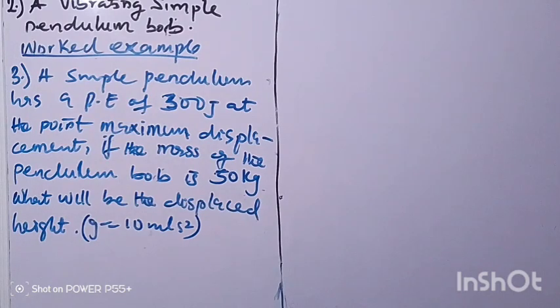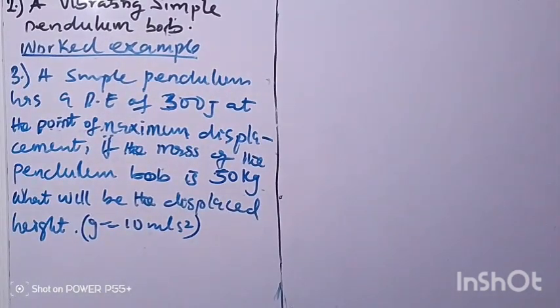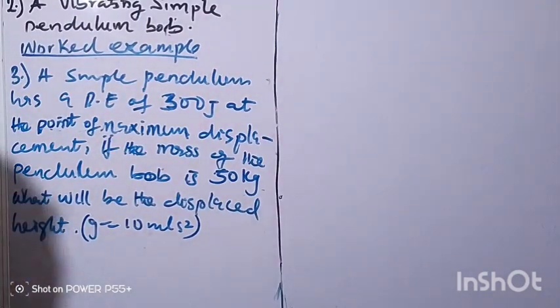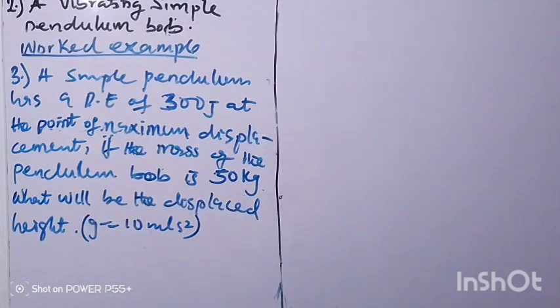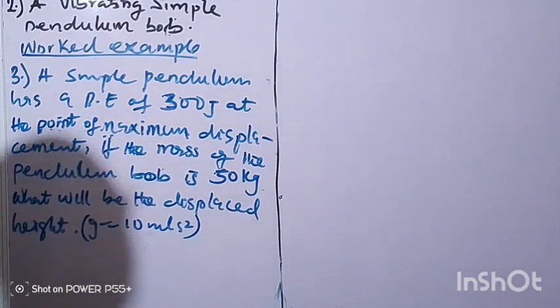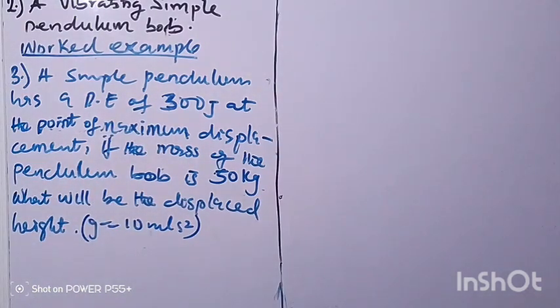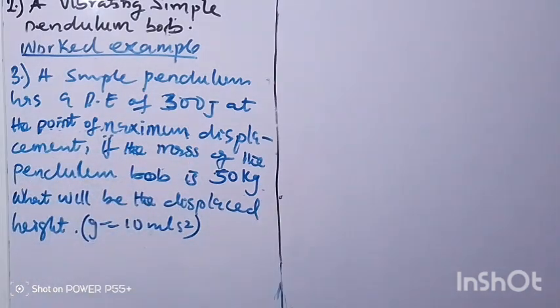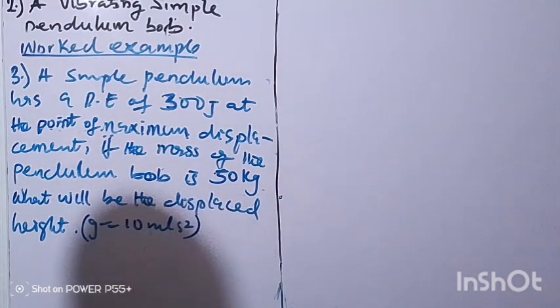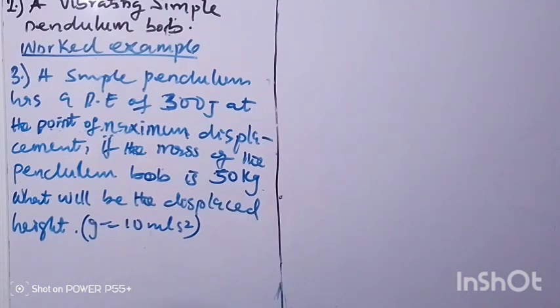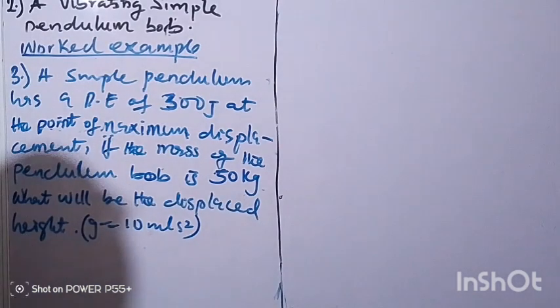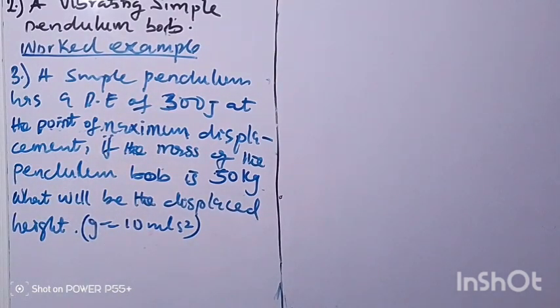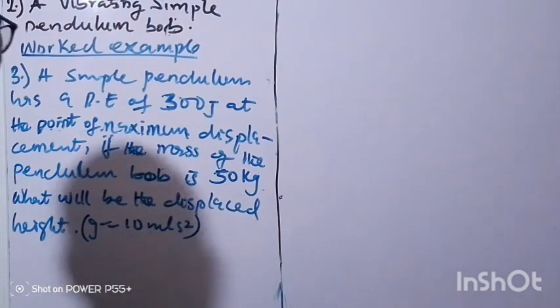Let's take this one as example 3. A simple pendulum has a potential energy of 300 joule at the point of maximum displacement. If the mass of the pendulum bulb is 50 kg, what will be the displaced height? Now, G is given as 10 meters per second square.